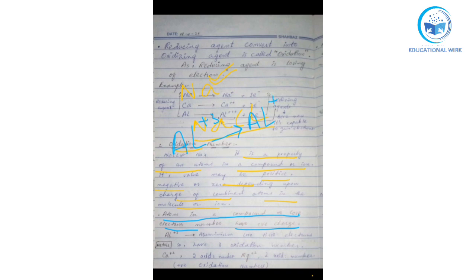So aluminium loses 3 electrons, so it has an oxidation number of 3. If anyone asks what the oxidation number of aluminium is, you will say that 3 is the oxidation number of aluminium, and we represent it with a positive sign.